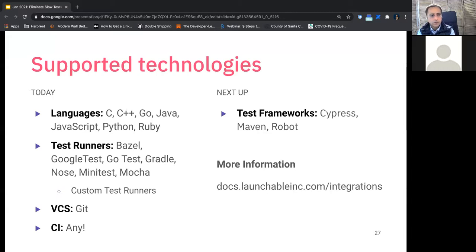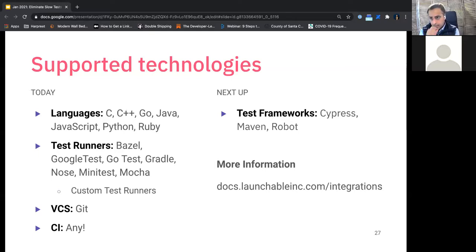And because of that extensibility DNA, if you have your own custom test runner, it's fairly easy to extend that and work with us, right? You'll get some more information on the docs.launchable.com/integrations page if you want to get into the details of what integrations into each of these environments mean.